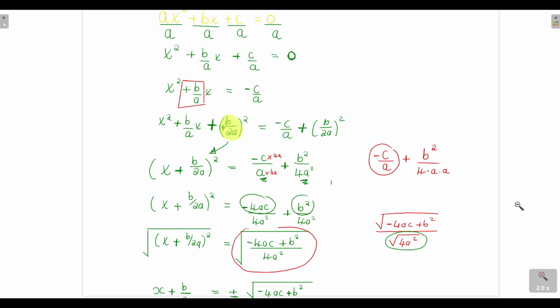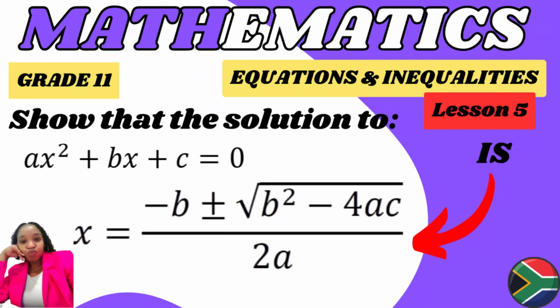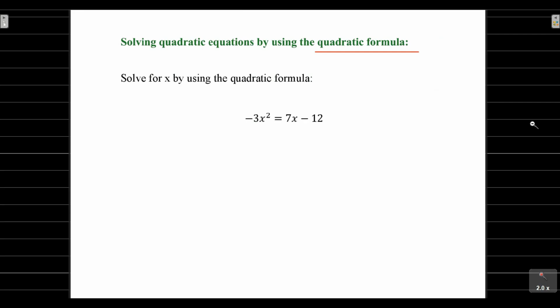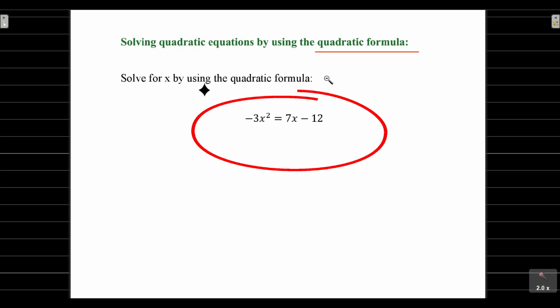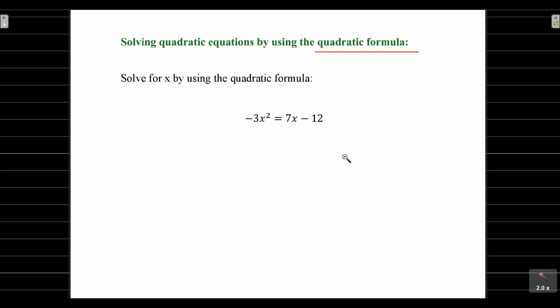If you haven't watched that tutorial, please have a look at it. It's a nice fun activity that you can do so that you understand where they get this quadratic formula from. However, in this video tutorial, all we're going to be doing is solving this quadratic equation by using the quadratic formula.